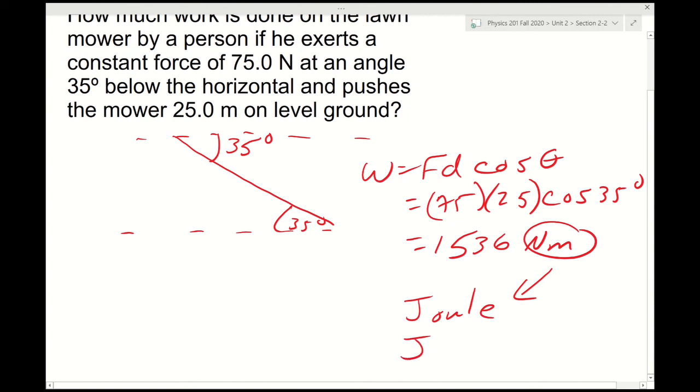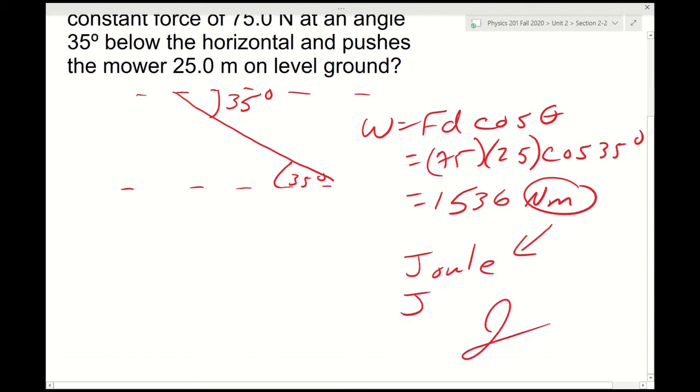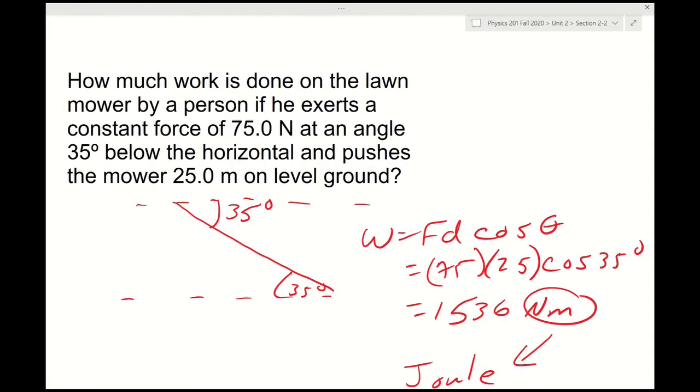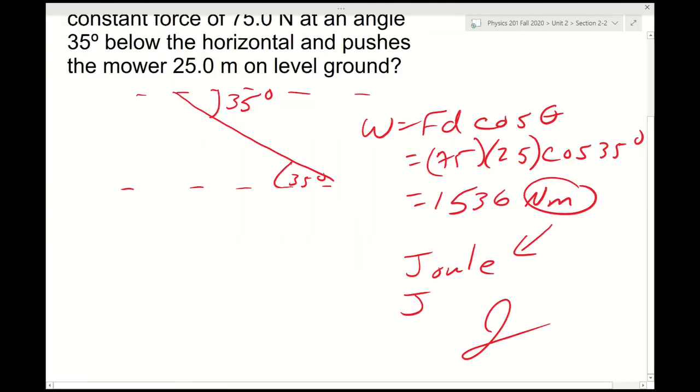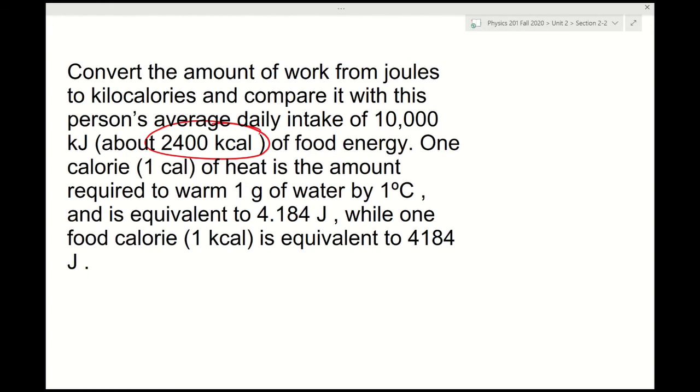Well, so if we know that this work, which was about 1536 joules, we have an equivalence. 1 kilocalorie is approximately equal to 4184 joules. So all we need to do is divide that.